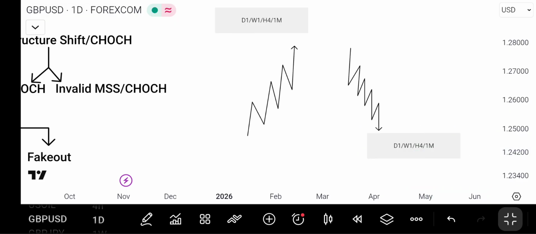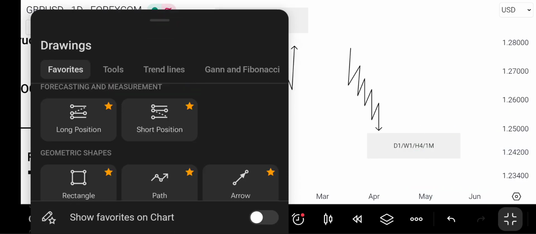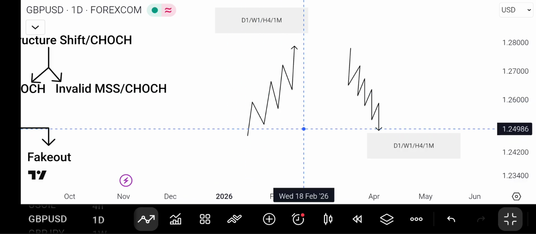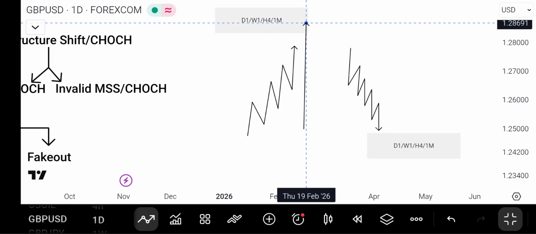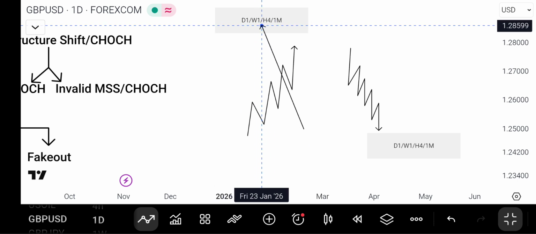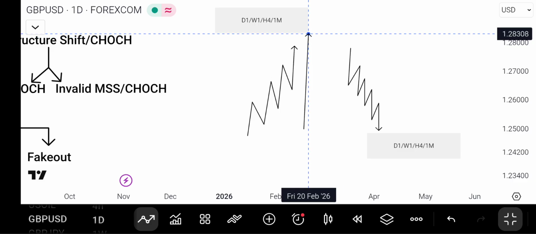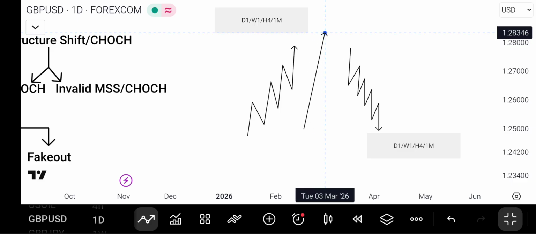Now you all know that these time frames that I listed here are what we use as our bias time frame. I explained it in the last video. I said that the daily, weekly, H4, or monthly can be your bias. Anything less than that is not your bias time frame.